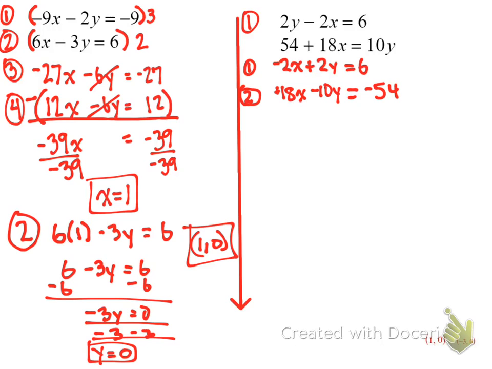So let's multiply equation 1 by 5 to get a new equation. The new equation will be equation 3. 5 times negative 2x is negative 10x. 5 times 2y is positive 10y, which is equal to 6 times 5, which is 30.